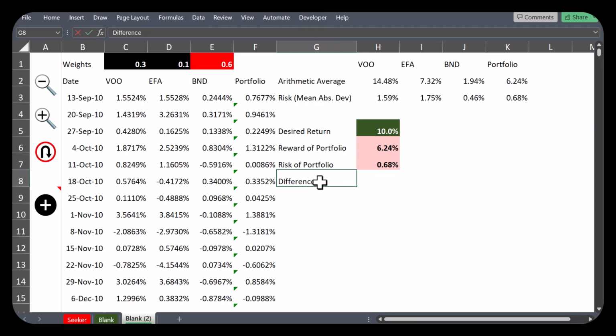The difference between the reward of the portfolio and the desired return. So whatever I do to those weights, I want that difference to be zero, but I also want the least possible risk, provided that the difference between desired return and actual return is zero.